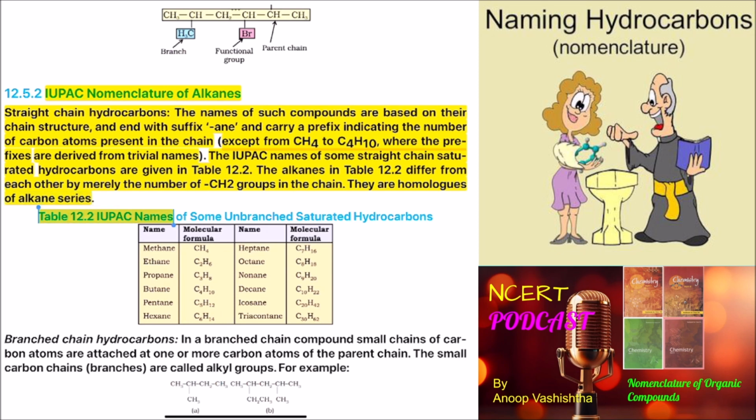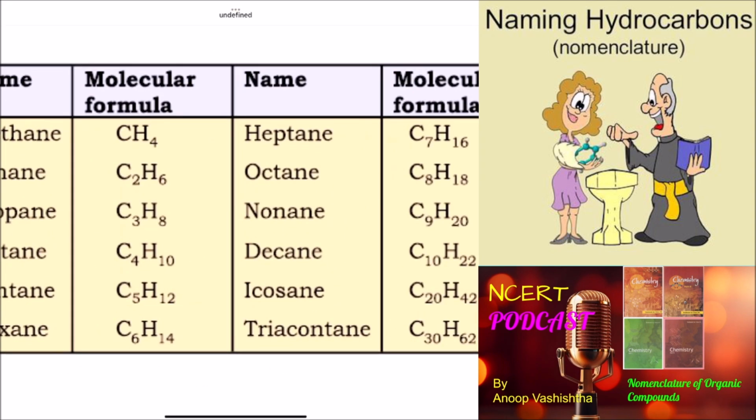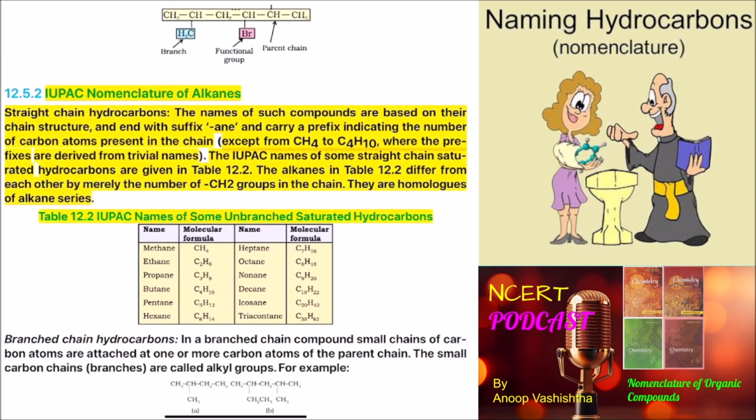Table 12.2, IUPAC names of some unbranched saturated hydrocarbons: methane CH4, ethane C2H6, propane C3H8, butane C4H10, pentane C5H12, hexane C6H14, heptane C7H16, octane C8H18, nonane C9H20, decane C10H22, icosane C20H42, triacontane C30H62.